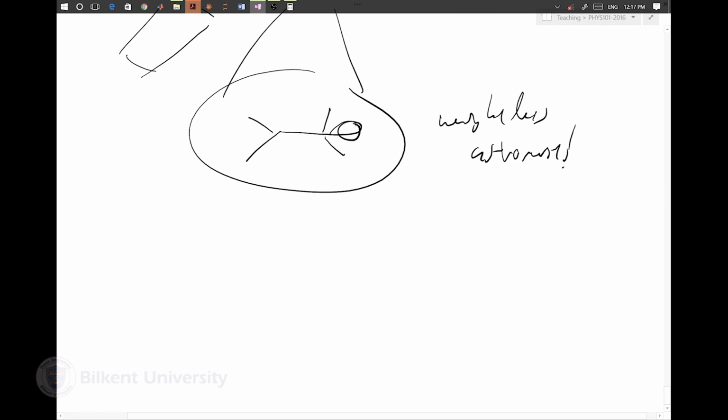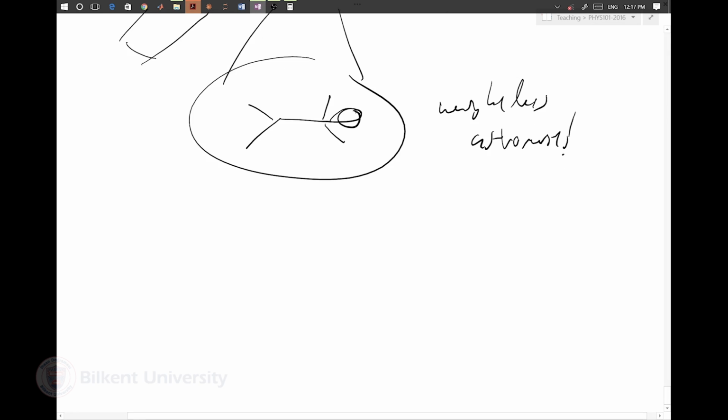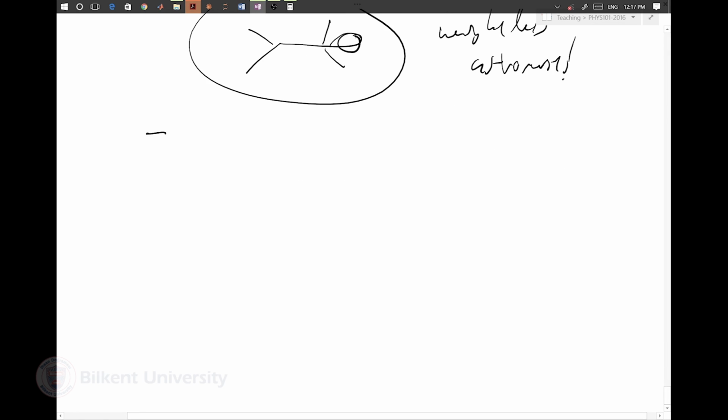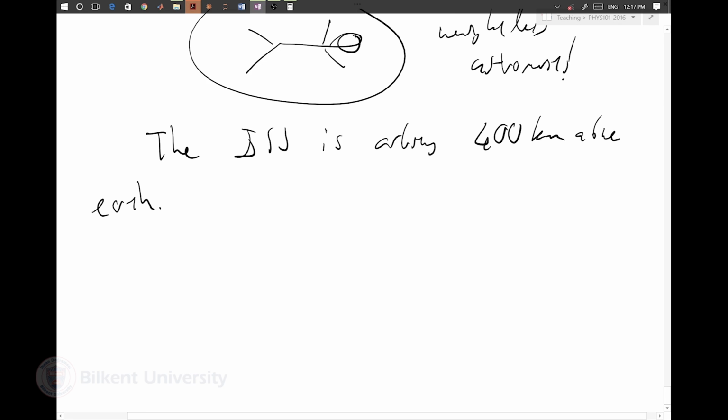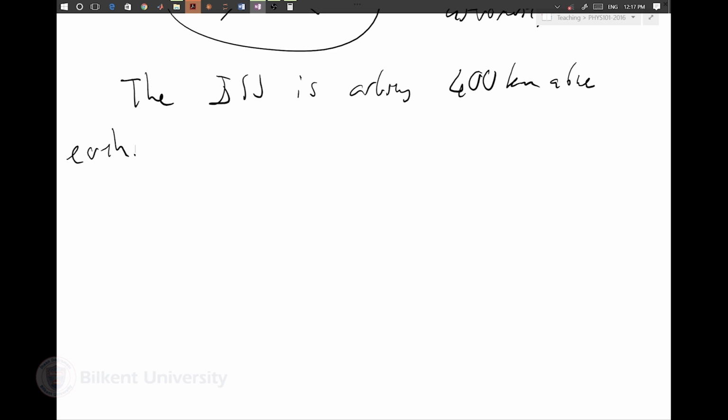So the ISS is orbiting 400 kilometers above Earth. So is the gravitational pull of Earth on the astronauts small?